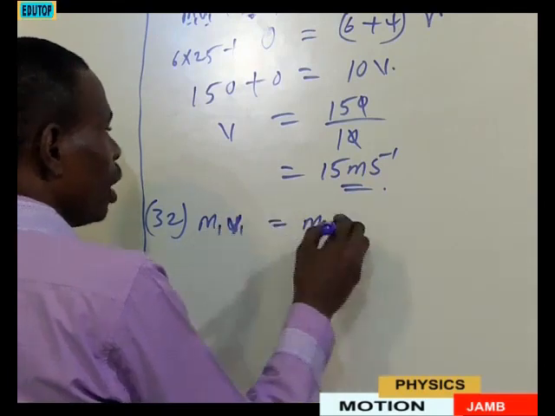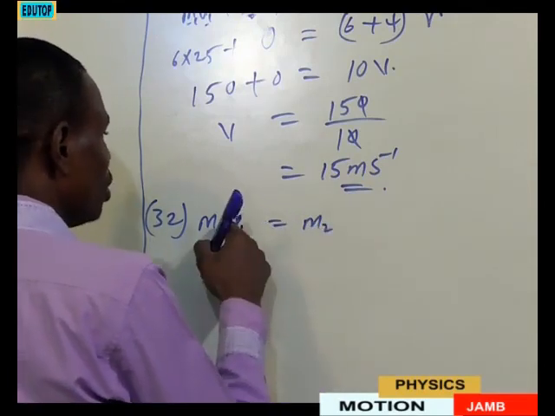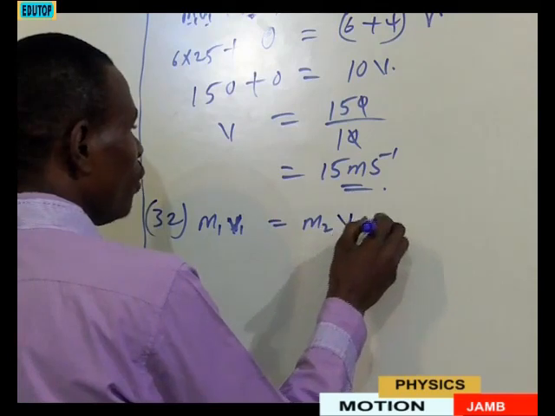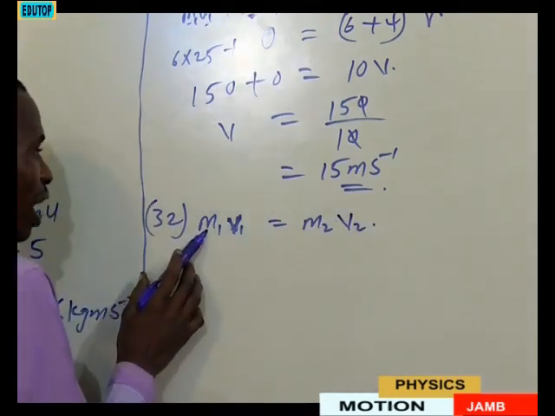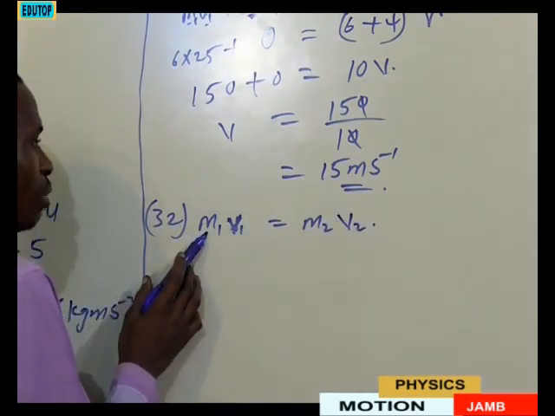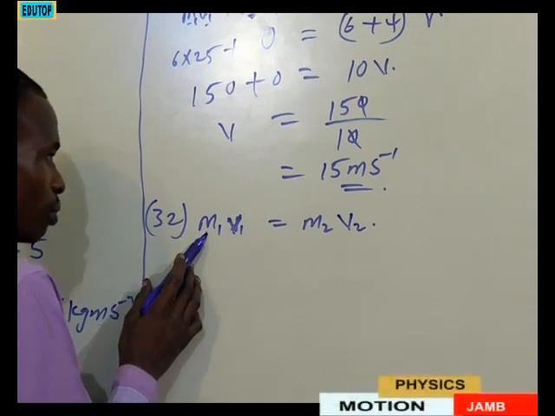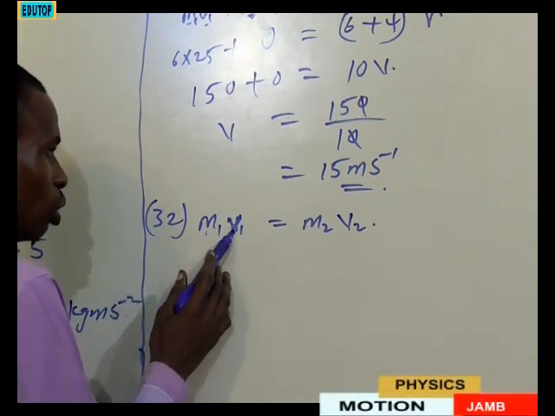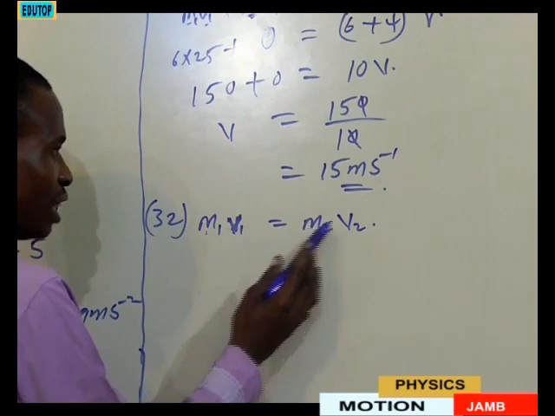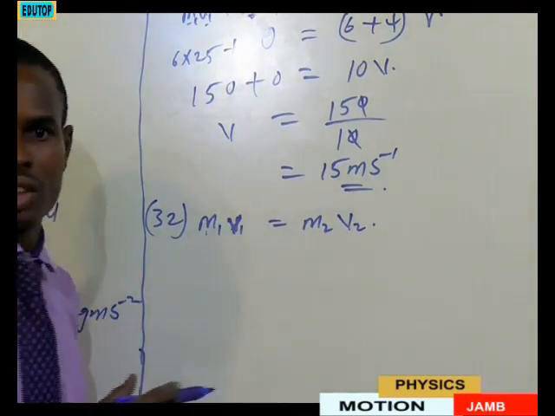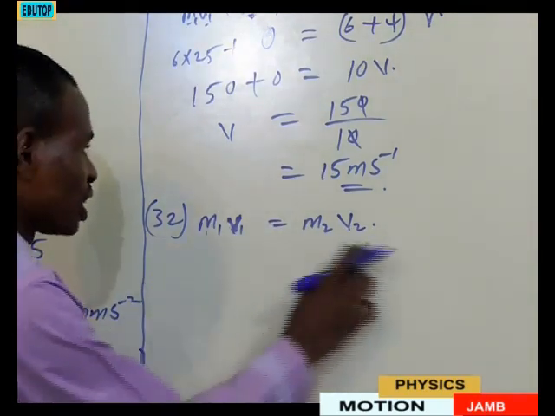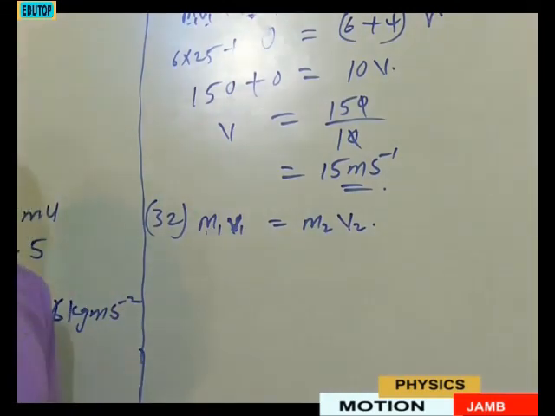Let's use V. M1 V1 is equal to M2 V2. M1 is the mass of the machine gun, V1 the speed of the machine gun, M2 the mass of the bullet, V2 the speed of the bullet. And that's what we call the conservation of linear momentum.